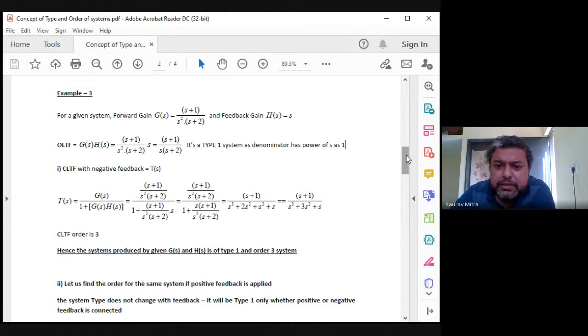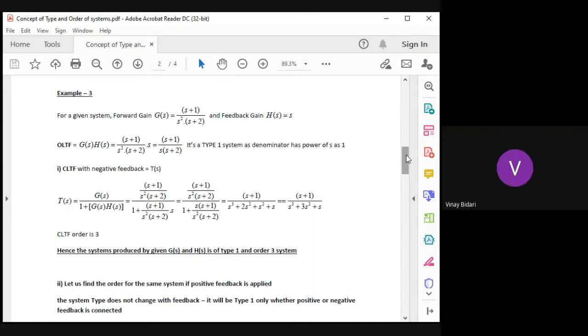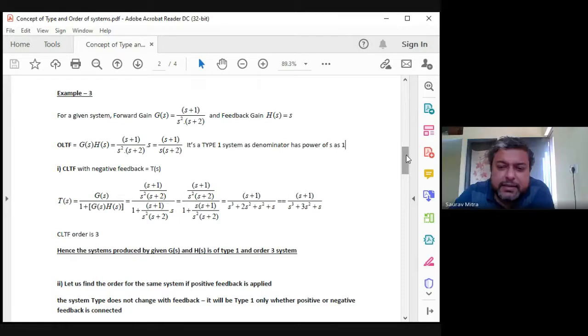So s square plus 3s plus 1, इसका दोनों रूट निकालो. One is minus 0.38, another minus 2.61.